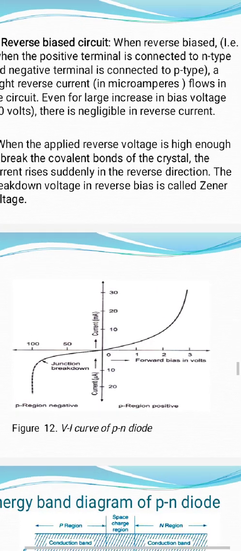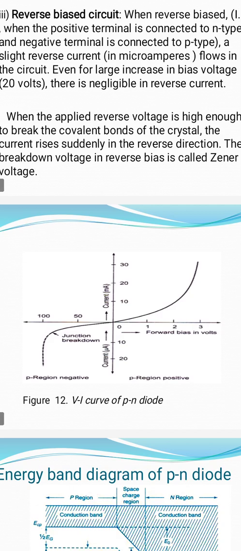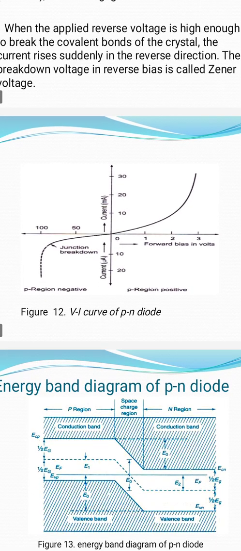If you see figure 12, it shows the VI characteristics of a PN junction. We take voltage on the x-axis, both positive and negative, and current on the y-axis. In forward biasing, for 2 volts we have about 8 milliamperes, and for 3 volts it may be around 30 milliamperes.